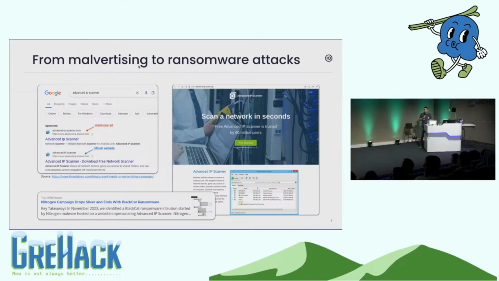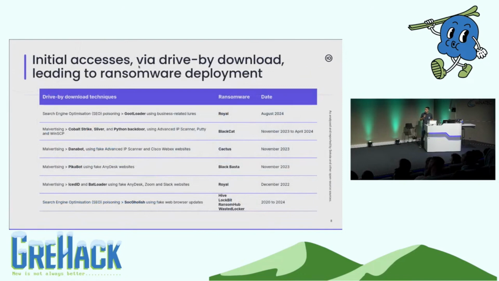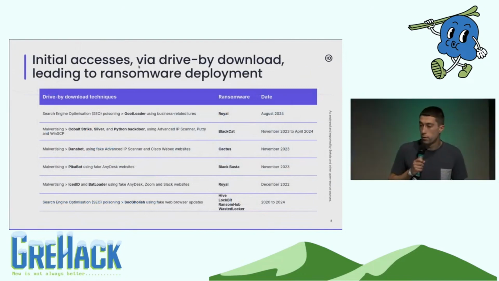I guess everyone knows that ransomware attacks are the most impactful financially motivated attack for organizations. And this is just an example among many others. So I just share some examples we observed over the last year.